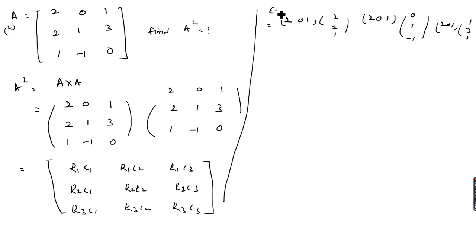For example, we get 2 plus 2, 4 plus 0 plus 1, 0 plus 0 minus 1, 2 plus 0 plus 0.